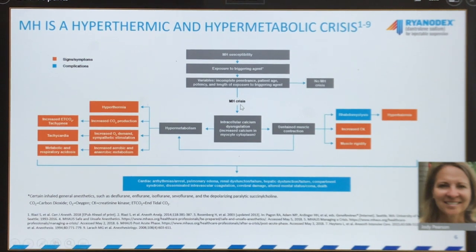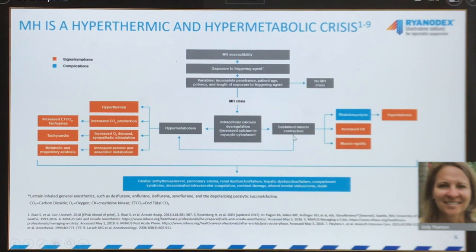When they do have an MH crisis, the most important thing to remember here is this is a dysregulation of calcium. So when the individual receives the trigger, there is an explosion of calcium. The calcium increases in the myocyte cytoplasm, and this in turn causes a sustained muscle contraction and hypermetabolism.